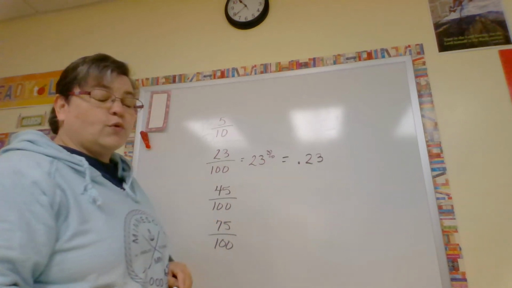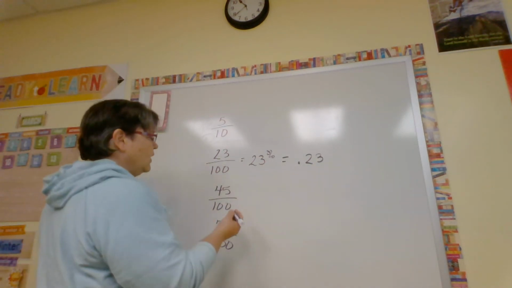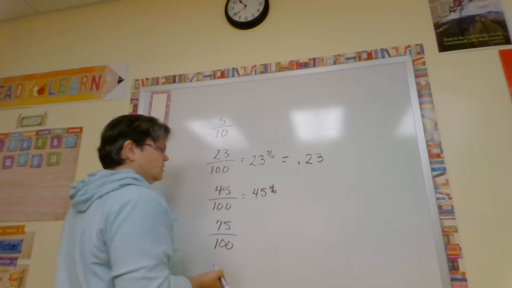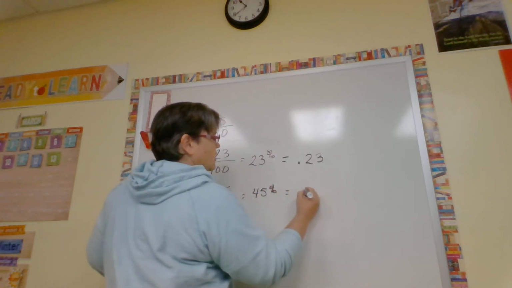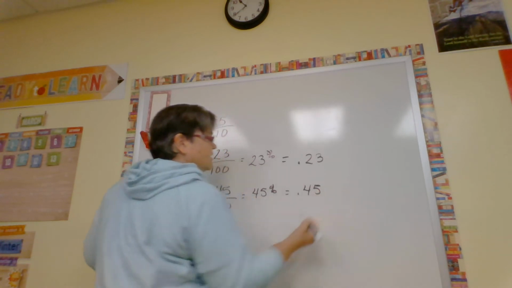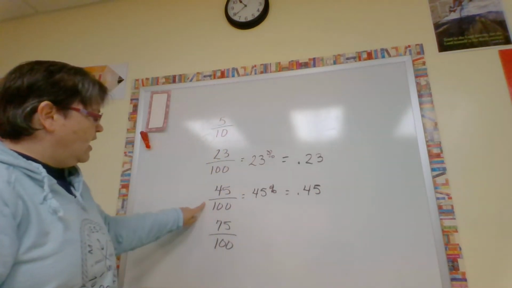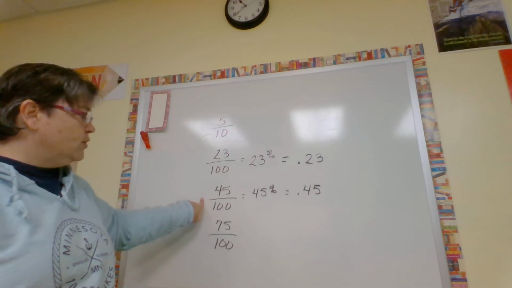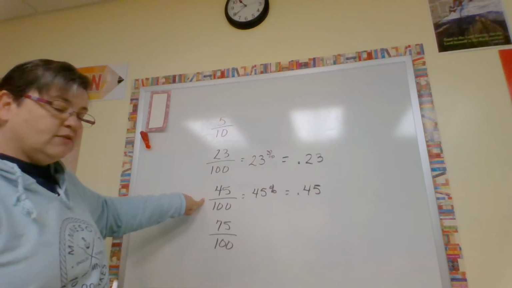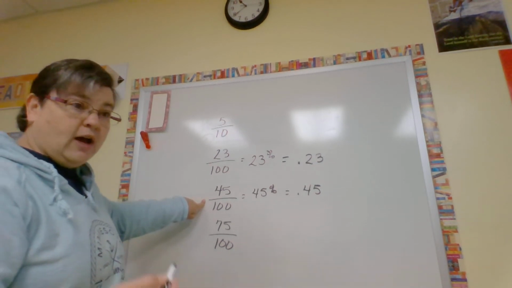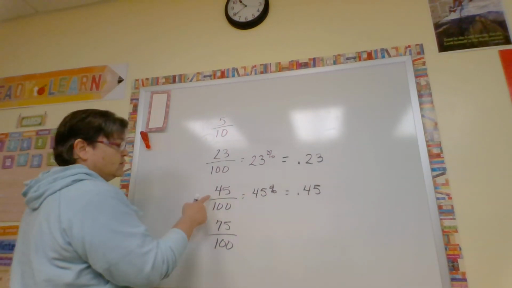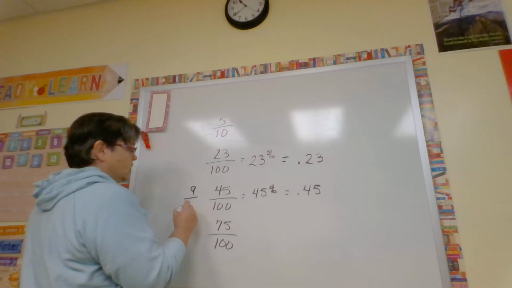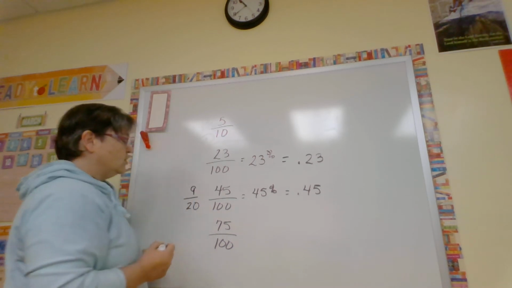Let's move on to 45 out of 100. So this could be 45%. Could also be 45 cents out of $1. As a fraction, though, we would have to reduce this. See what goes into 45 and 100. 5 does. 5 goes into 45 9 times. 5 goes into 100 20 times.